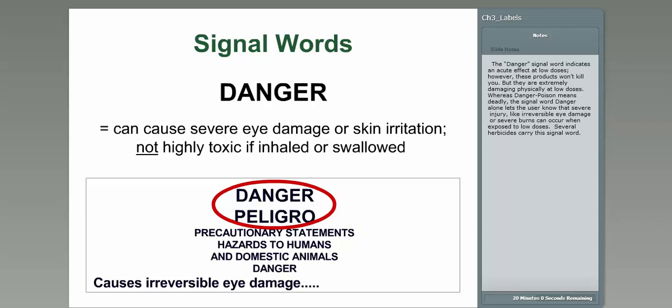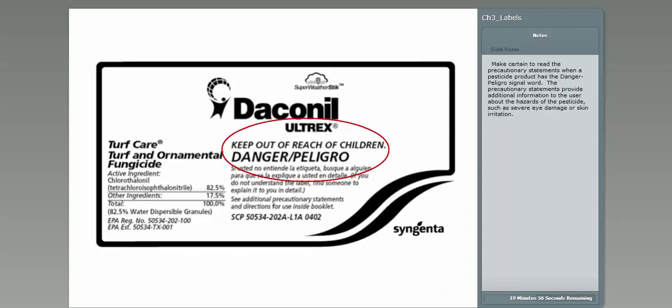Several herbicides carry this signal word. Make certain to read the precautionary statements when a pesticide product has the danger peligro signal word. The precautionary statements provide additional information to the user about the hazards of the pesticide, such as severe eye damage or skin irritation.